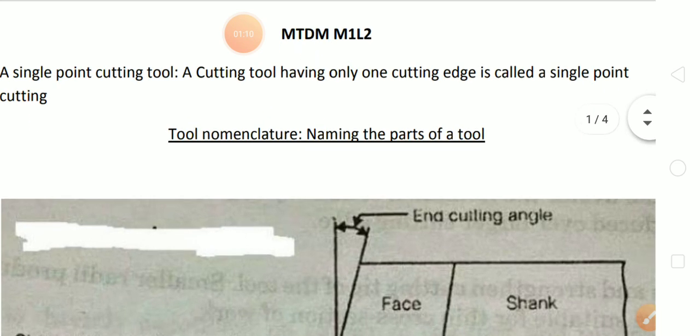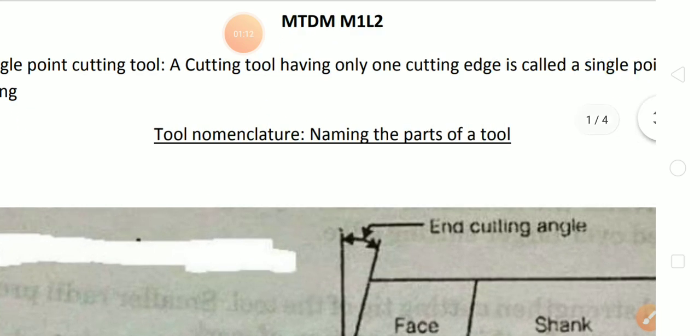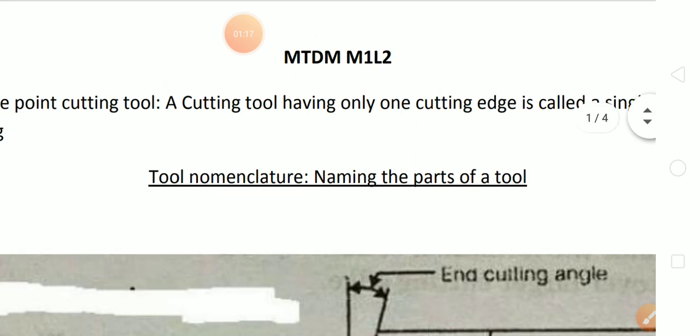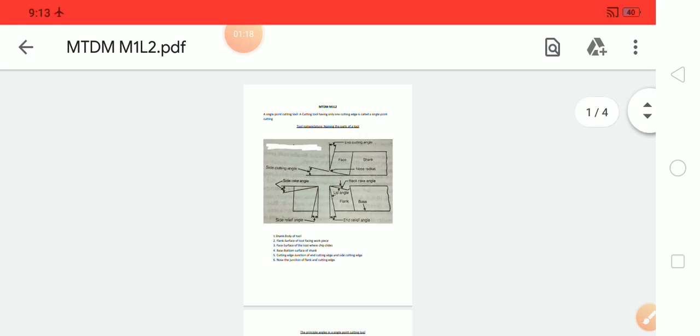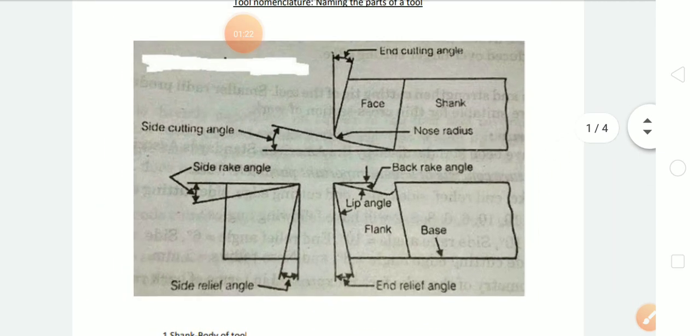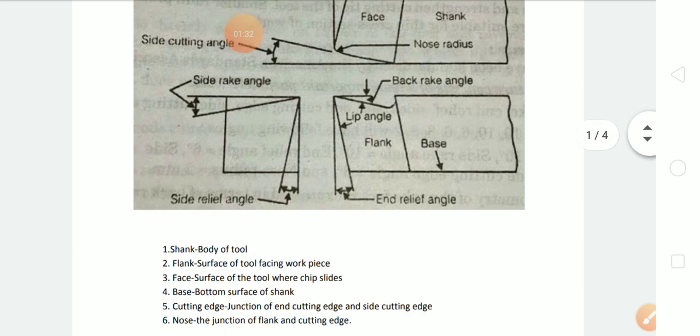Now we will go through the next topic, tool nomenclature, that is naming the parts of a tool. In this figure you can see three figures. These three figures show the six different labels that I am about to tell. First one is the shank.